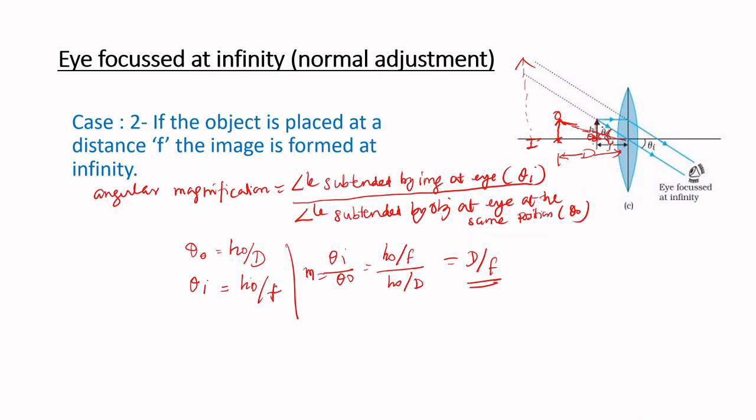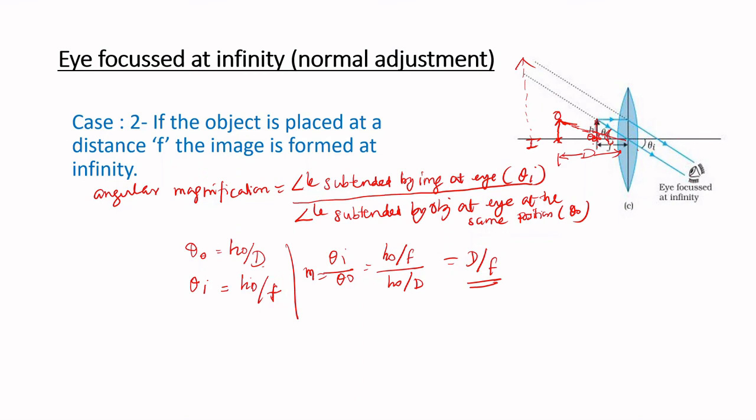Here the angle measurements are a little confusing, so you have to take it like this. First imagine the object is at D, then find the angle theta O, that is HO, the height of the object, divided by D. Then you shift the same object to F, so that the parallel rays are visible, by which the eye looks at the image in a relaxed way.